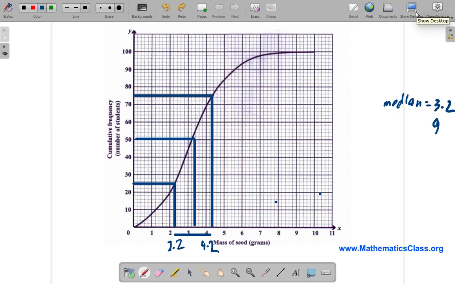So the semi-interquartile range is from 25 to 75. In terms of grams, it's between 2.2 and 4.2. When you subtract them, what you get is 2.